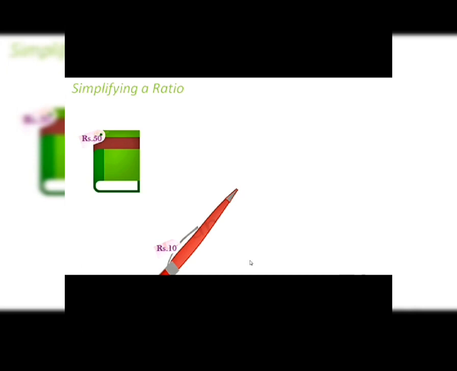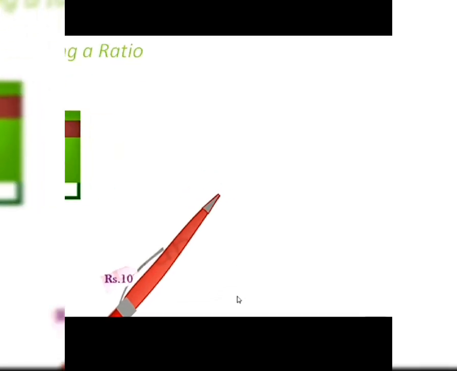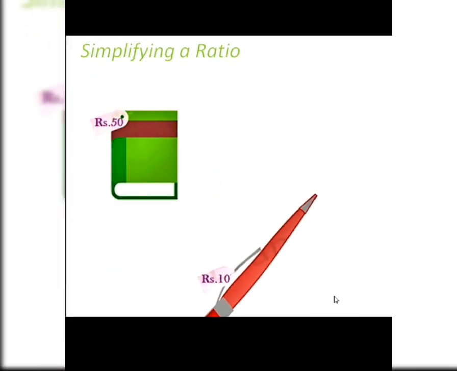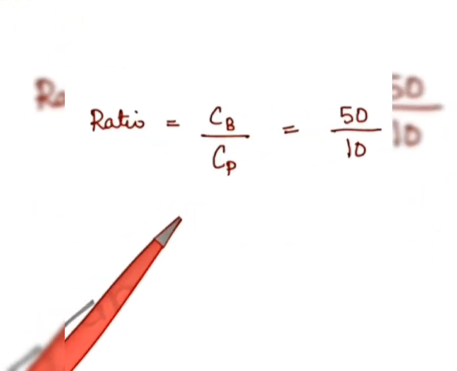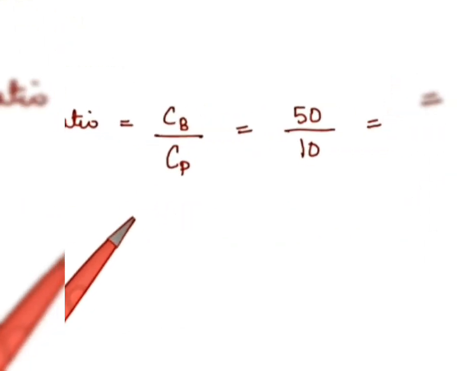Let's say the cost of one book is rupees 50 and the cost of one pen is rupees 10. If I ask you to find the ratio of the cost of a book to the cost of a pen, how much is the cost of the book? It's rupees 50, and the pen is rupees 10.